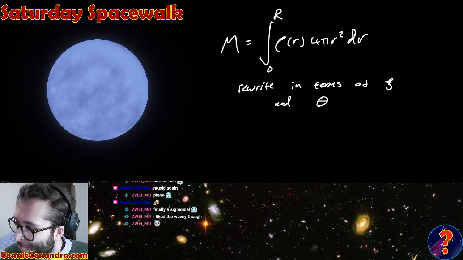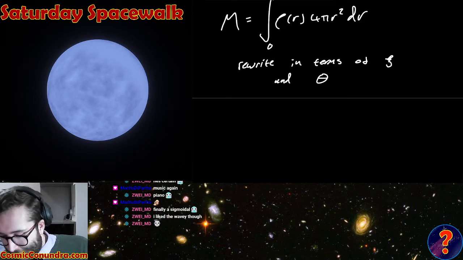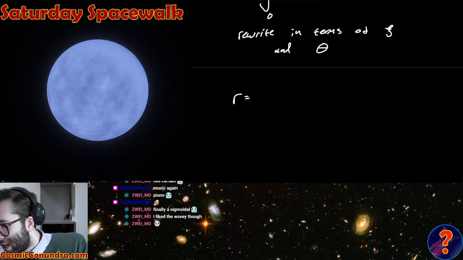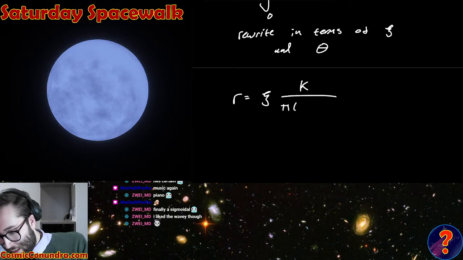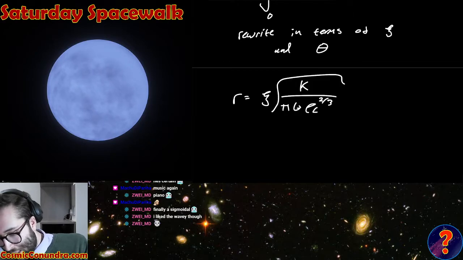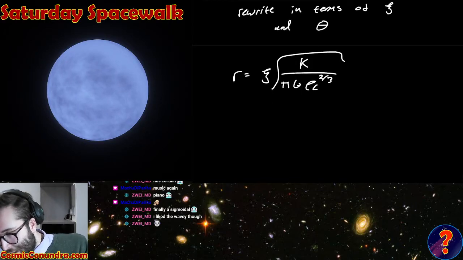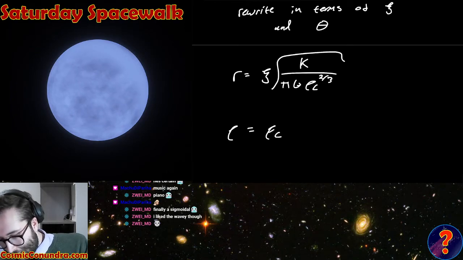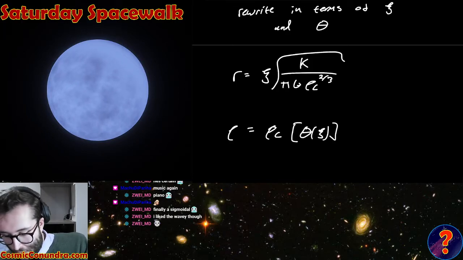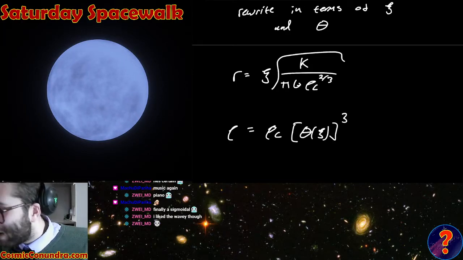And remember how these things are defined. Remember r is defined as psi times k over pi G rho c to the 2/3, all square rooted, and rho is related to theta as rho is the core density times theta to the power of 3.